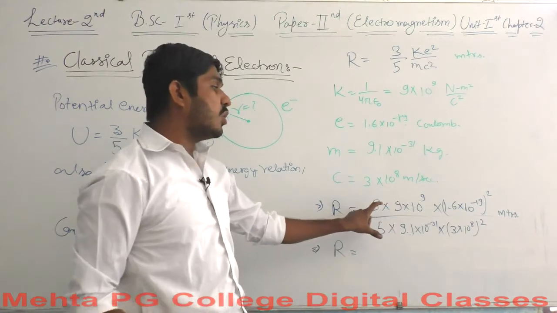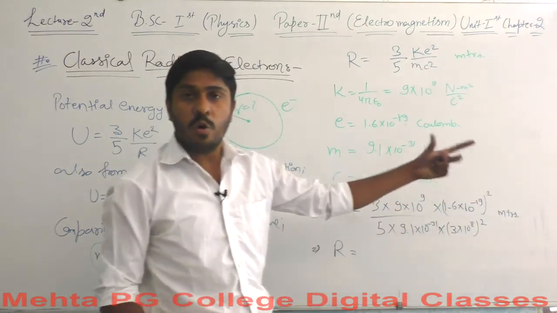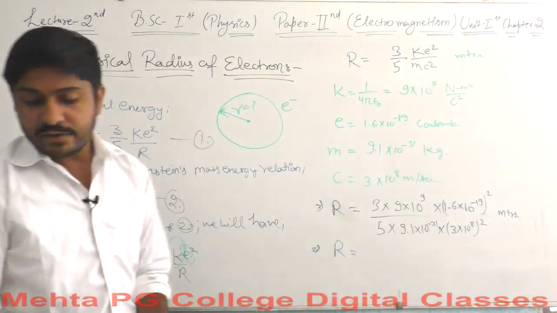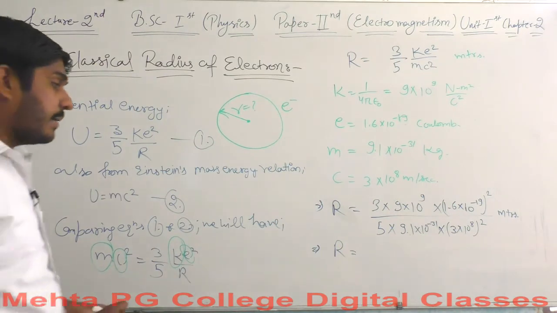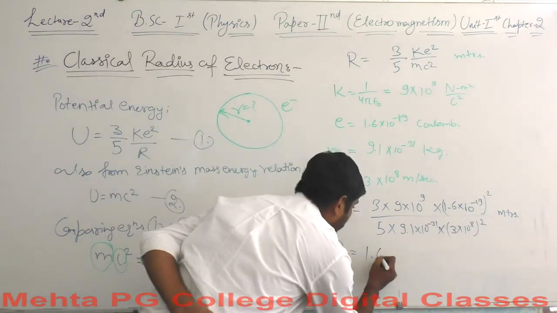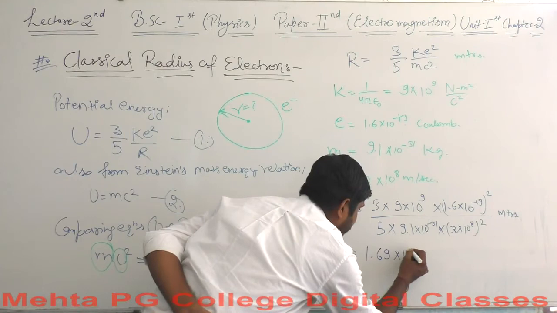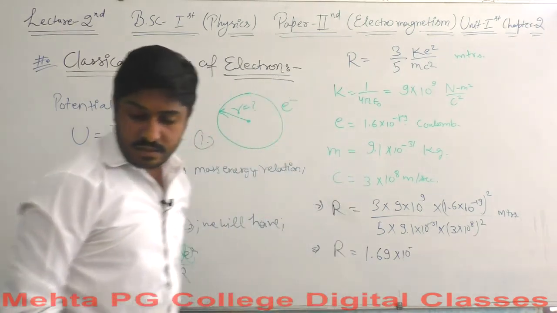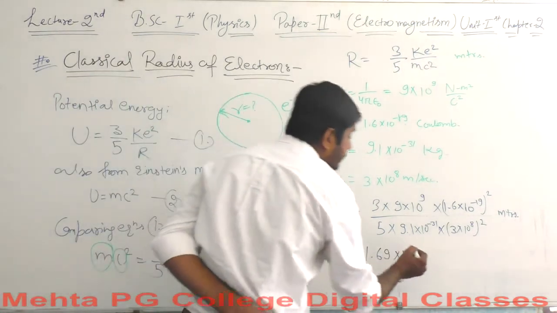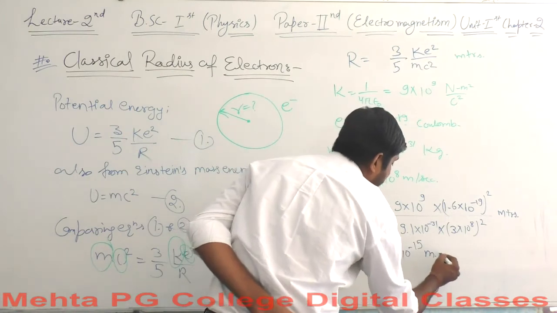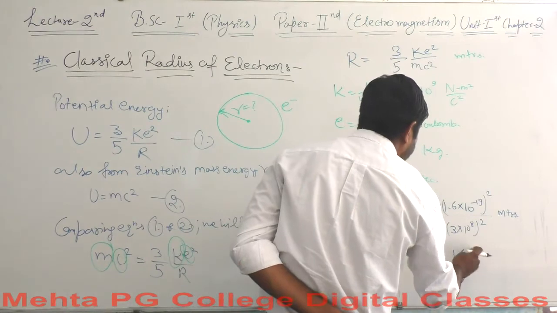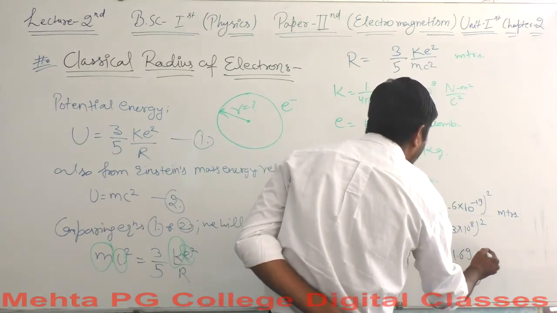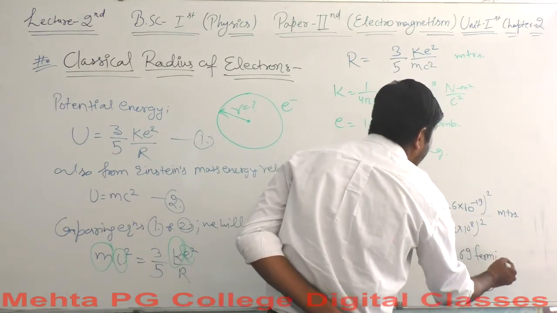By solving all these calculations, you will have the exact value, which is 1.69 into 10 to the power minus 15 meter, or in short you can say this would be 1.69 Fermi.